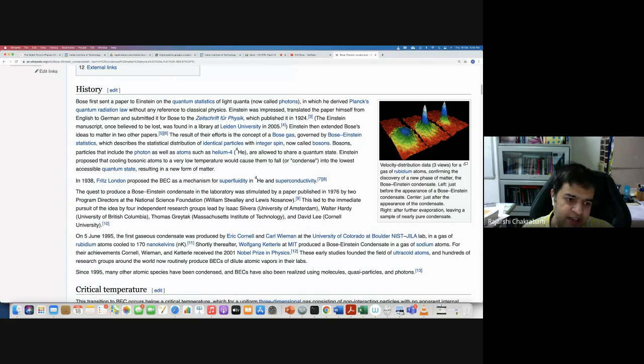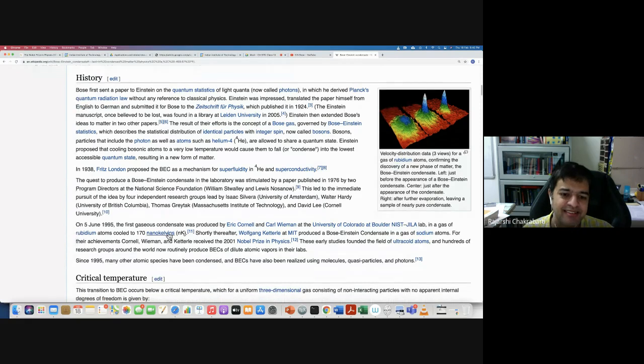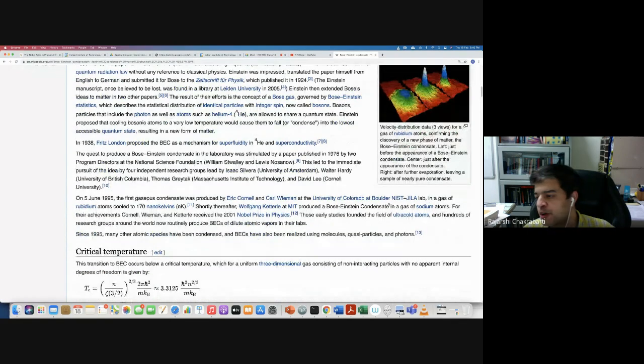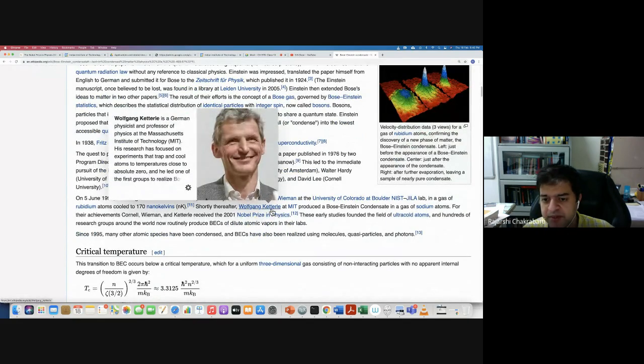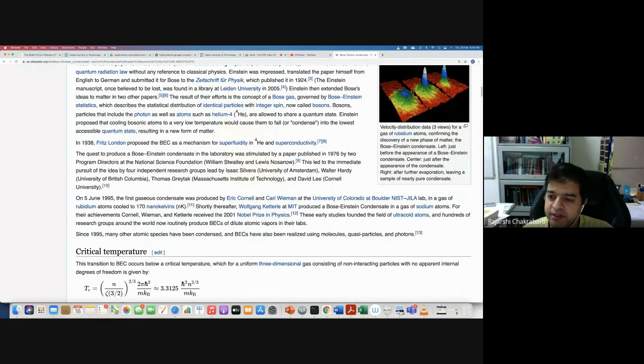In the mid-90s, Eric Cornell and Carl Wieman of the University of Colorado Boulder, and around the same time Wolfgang Ketterle from MIT, produced this Bose-Einstein condensate.